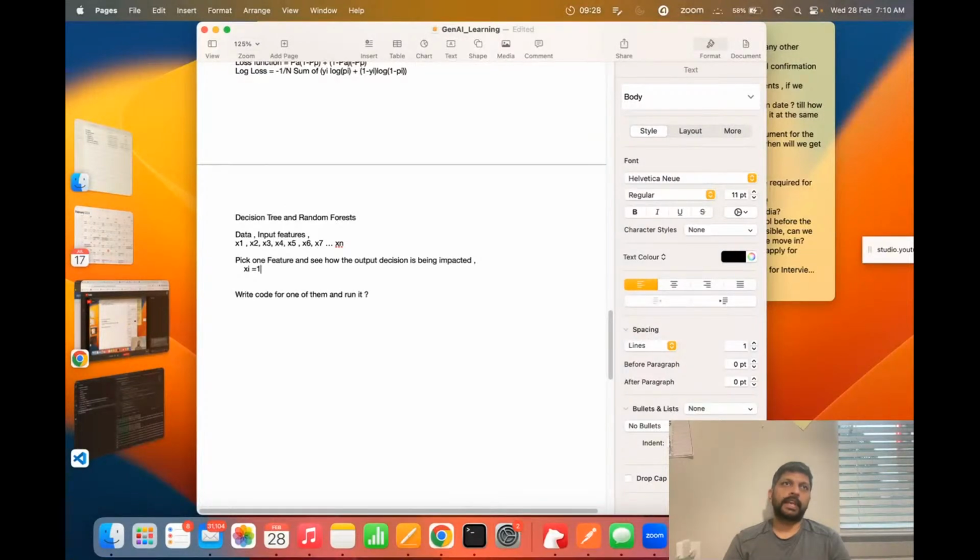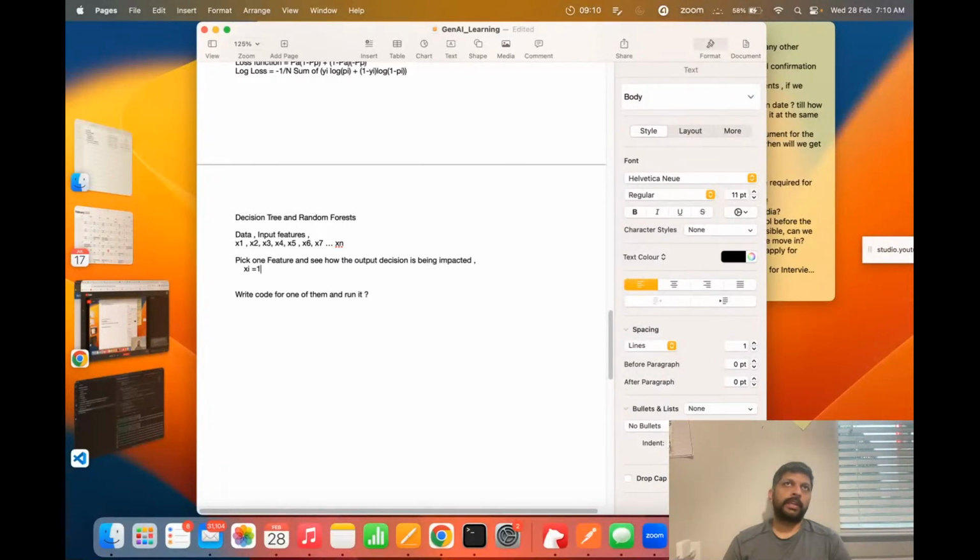If the value of xi is this, then your outputs will be classified basing on the value of xi.